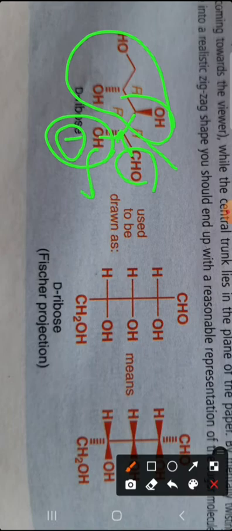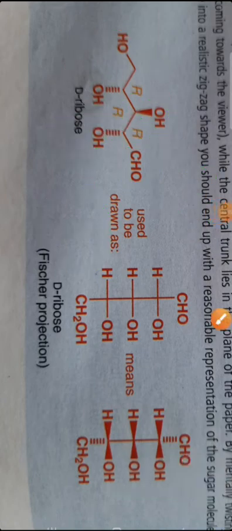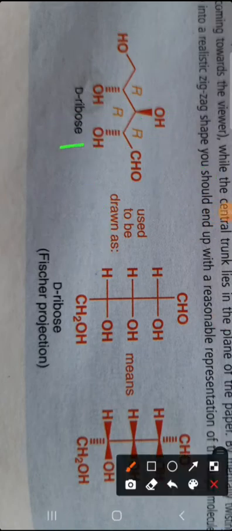Oxygen has more atomic number. What is the atomic number of oxygen? 8. Carbon has atomic number 6, and this is also attached here with a carbon, so there also atomic number 6. That's why 8 is bigger, that's why we give first priority to the OH group.